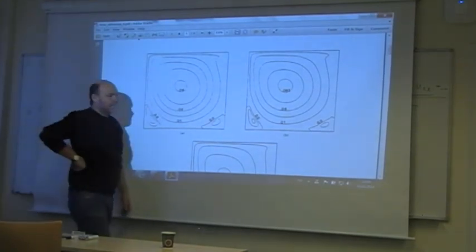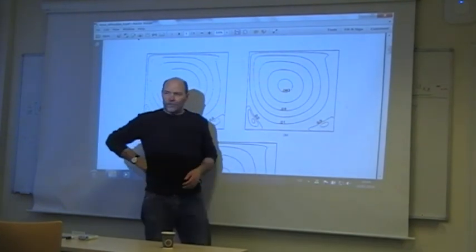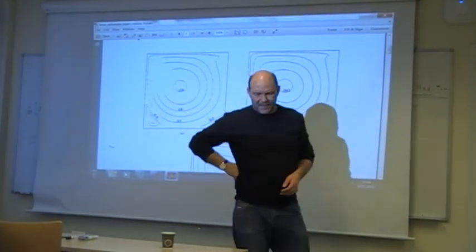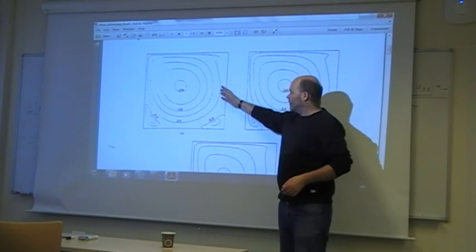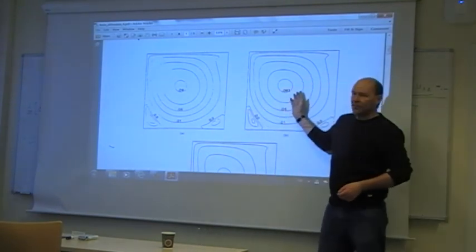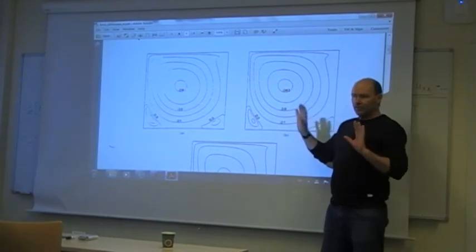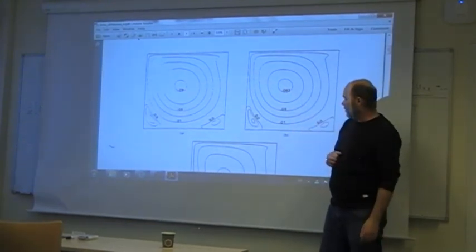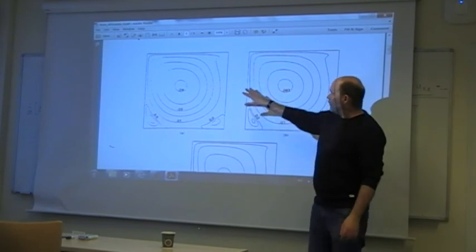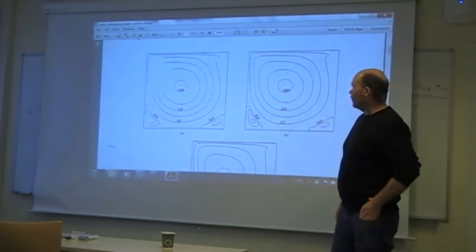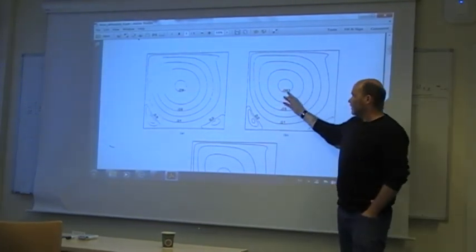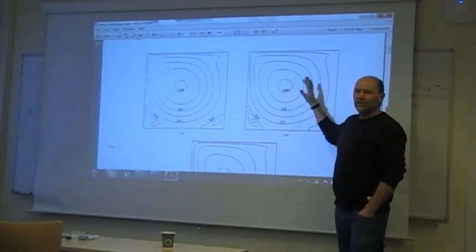Version B, they have created a hybrid scheme. They use 80% of the central scheme plus 20% of the first order upwind scheme. So it's a hybrid. You mix it. That's possible. And you get the same flow pattern, fairly decent. But look at the size of the stream function. So you add viscosity into the problem.